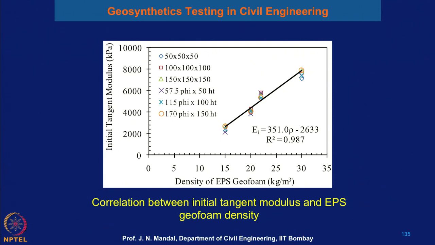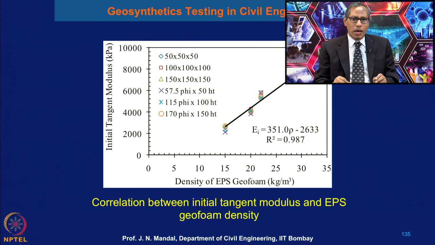And some also have a diameter of about 57.5 and height of about 50, and 115 millimeter diameter and height 100 millimeter, 170 millimeter diameter and 150 millimeter height. So, we have taken different size and shape of the geofoam material, and whose density may be 15, 20, 25 or 30.